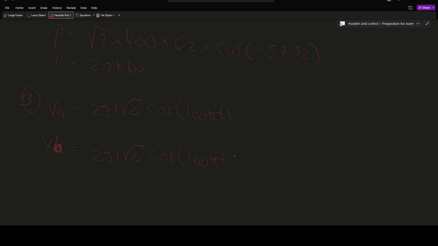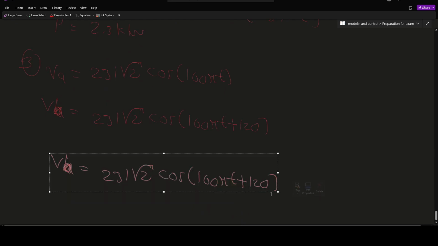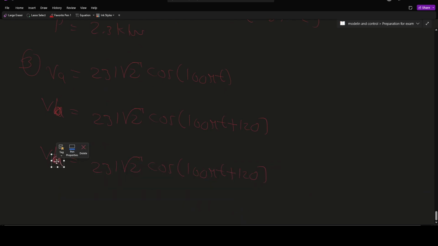And here we have plus 120 for our voltage in C. Let's just delete this ugly thing. So this is our voltage in B and voltage in C. Here, instead of 120, we are going to have 240. Okay.